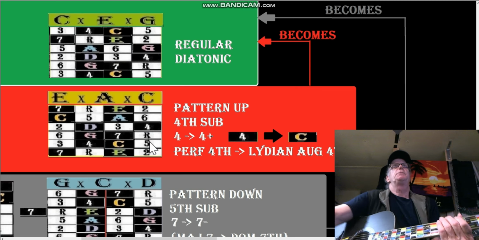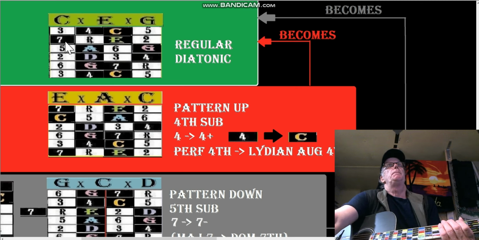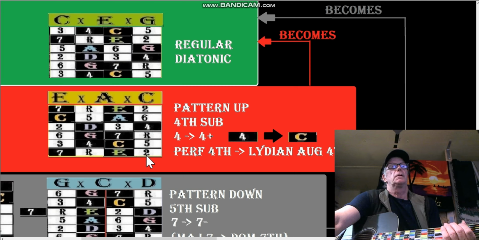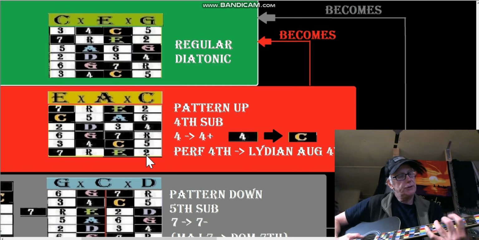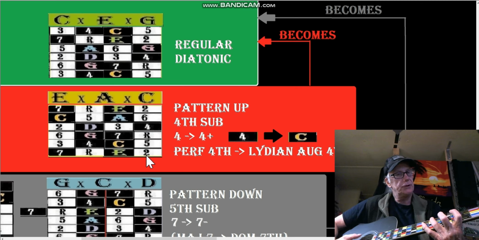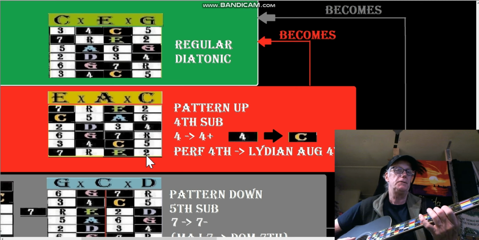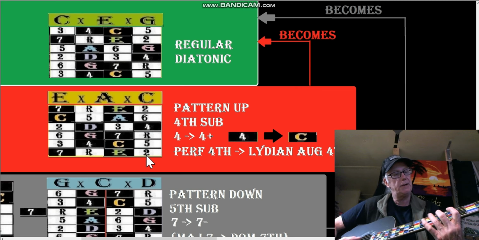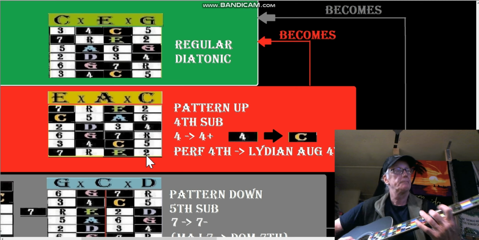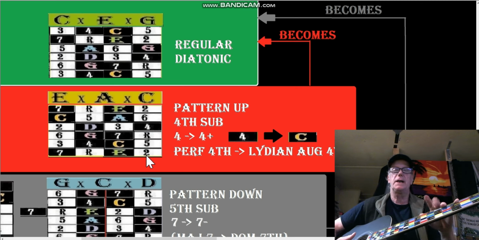If we substitute, we move the pattern up, and we got 7 root 2 on the bottom here, right? So we're going to go 7 root 2, but if I go 7 root 2, 3, 4, 5, I've hit the B flat. We have to change the polarity of that, right back to the regular C diatonic.